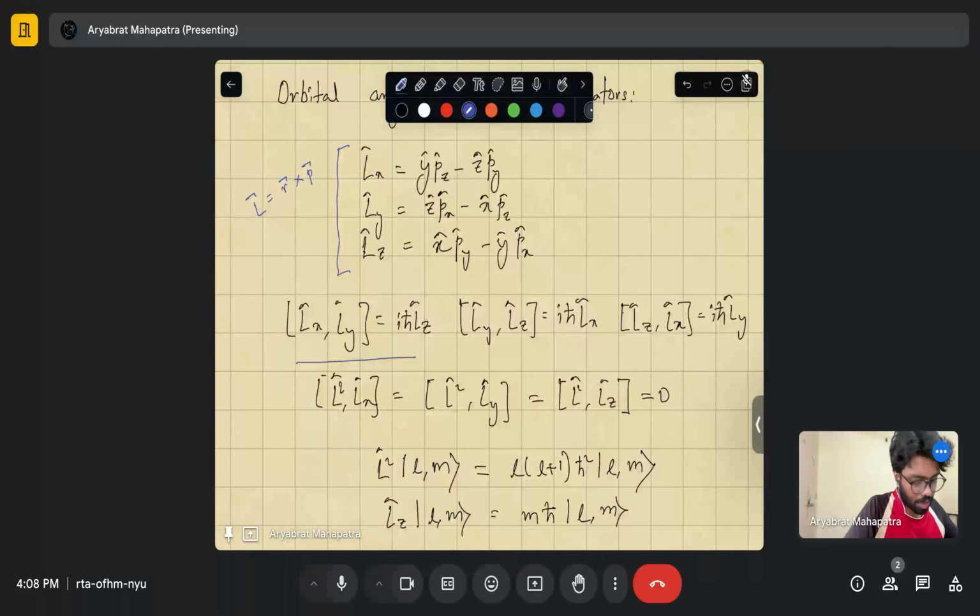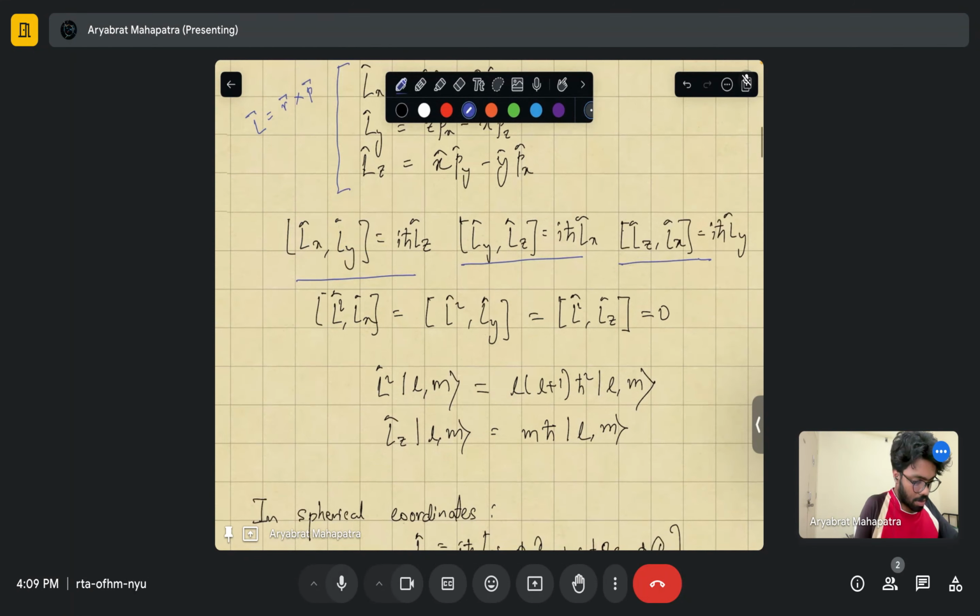The commutator of Lx and Ly gives you Lz with the prefactor of i h bar, and in the same way for Ly, Lz, and Lz, Lx. And then you also see here that the commutators of L square with Lx, L square with Ly, or L square with Lz are 0.